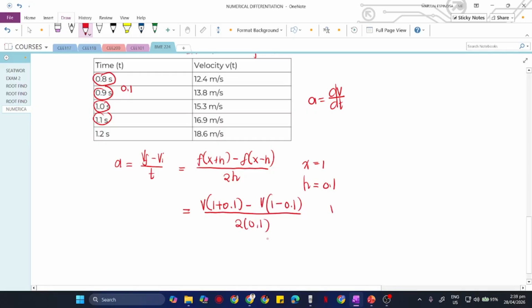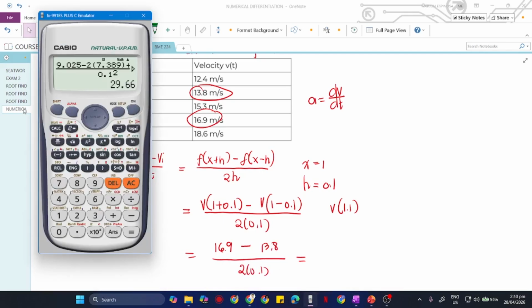Ano yung velocity natin sa 1.1? Ito yun, di ba? At time is equals to 1.1, yung velocity is 16.9. So, 16.9 dito minus yung velocity naman sa 1 minus 0.1, that is 0.9. Ito yun, di ba? That is 13.8. Divide natin by 2 times 0.1. Kukunin natin yung calculator natin.